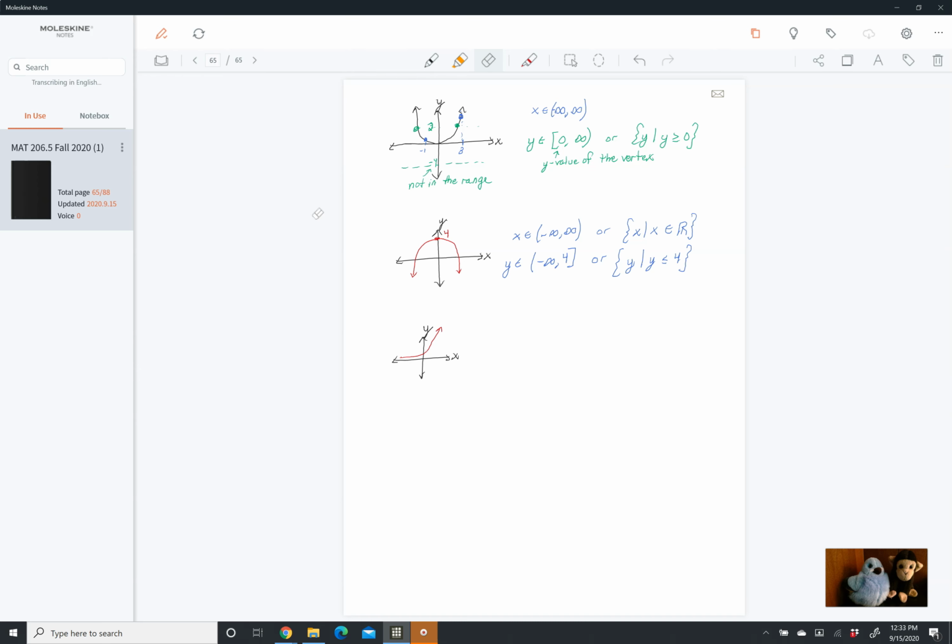It goes up even faster than a quadratic, and it also continues going out. So once again, our domain is going to be all real numbers, because even out here, we will go through the graph. Again, it might be through your ceiling, but we will go through the graph. So our domain here, once again, is all real numbers.